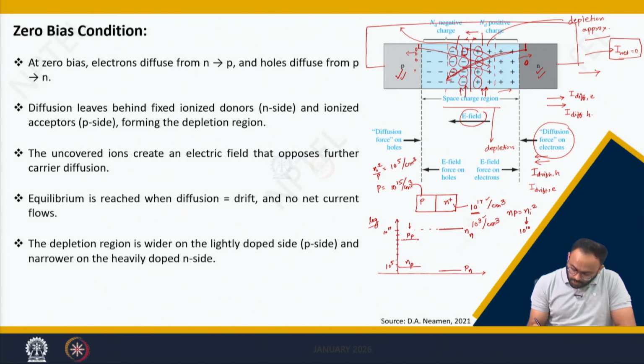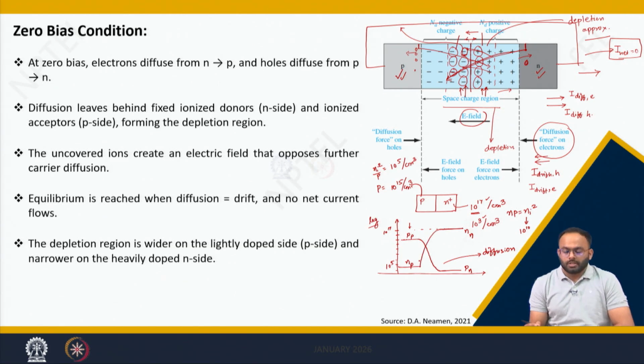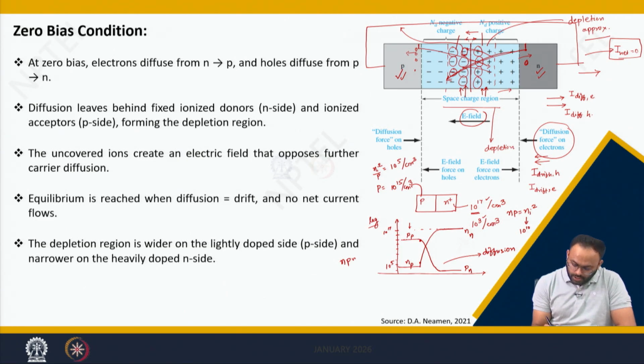Now ultimately what is happening is that the holes go from higher concentration to lower concentration. This causes the diffusion. Similarly, the electrons will go from higher concentration to lower concentration. Keep in mind that at every point, if you calculate the product of n and p, it will be ni square.